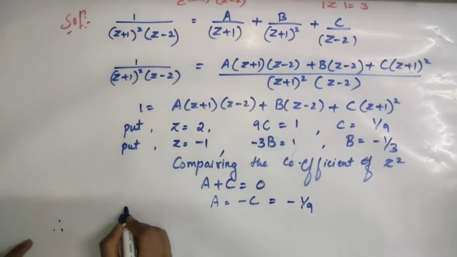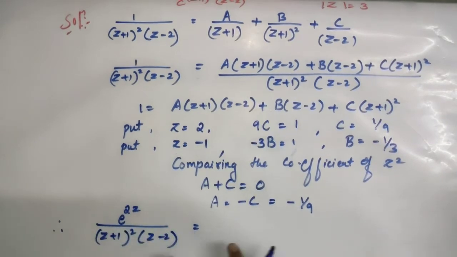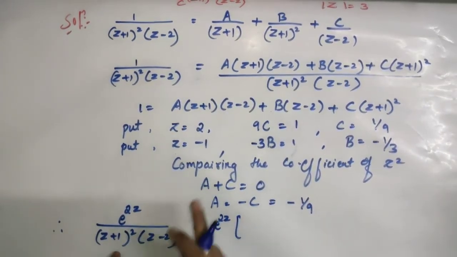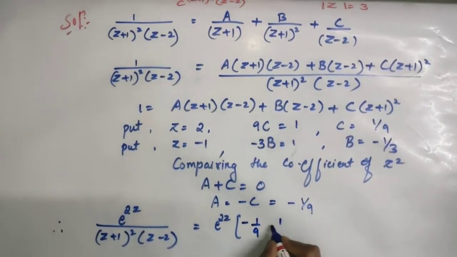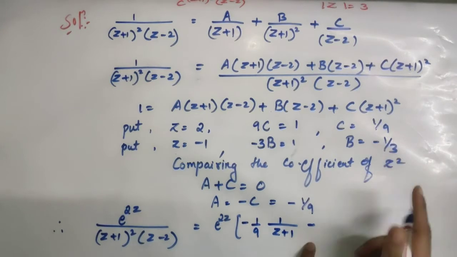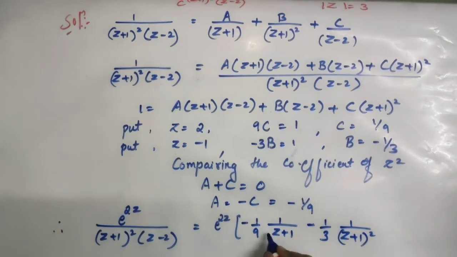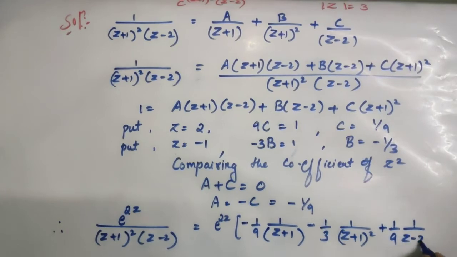Therefore, e to the power 2z divided by (z plus 1) whole square into (z minus 2): you just have to multiply e to the power 2z to each of the resolved parts. I'll keep e to the power 2z outside, and this part has been resolved as a divided by z plus 1, where the value for a is minus 1 by 9, so minus 1 by 9 into 1 divided by z plus 1, plus the value for b, which is minus 1 by 3, so minus 1 by 3 divided by (z plus 1) whole square, and finally the value for c, which is 1 by 9, 1 divided by z minus 2.